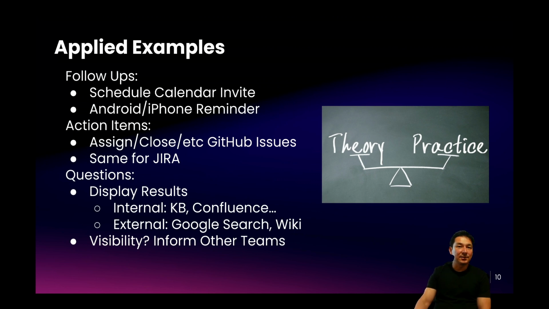Your application could query internal documentation like knowledge base articles or Confluence, or even externally by searching Google or Wikipedia, then offering up the information. Since questions often include confirmation for specific ideas or actions, this could be an opportunity to increase visibility to inform other teams of these larger decision points.